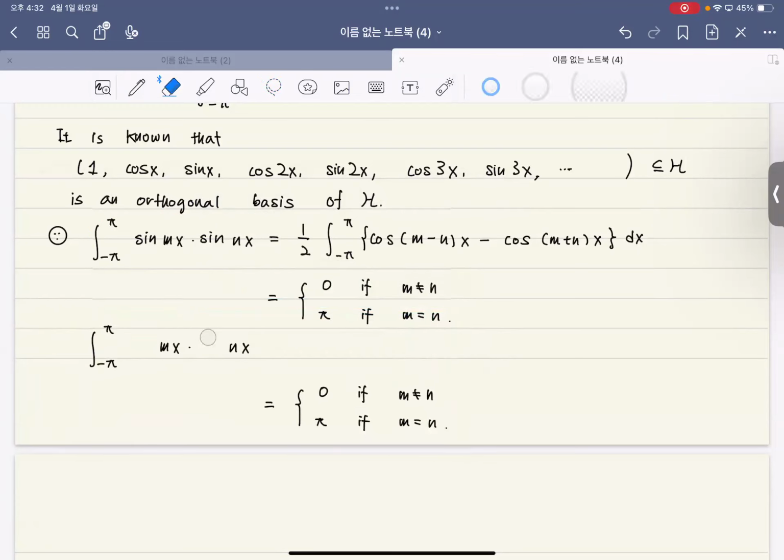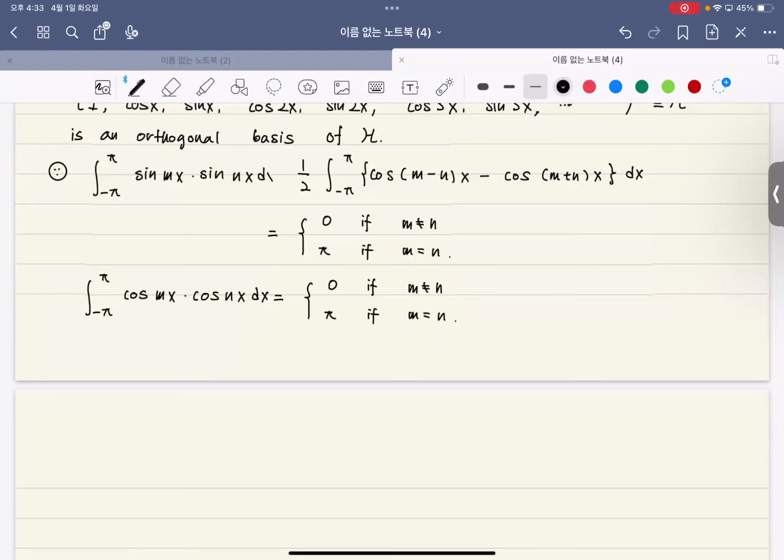Likewise, I can use almost the same technique to show that the integral of cosine mx times cosine nx dx, also I missed dx, is again 0 if the two indices are different, but pi if the two indices are the same.